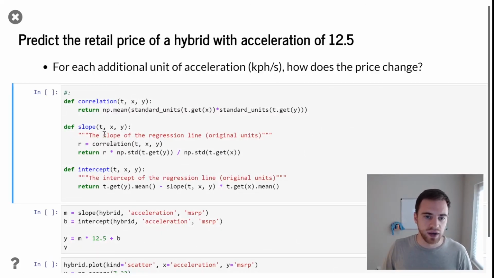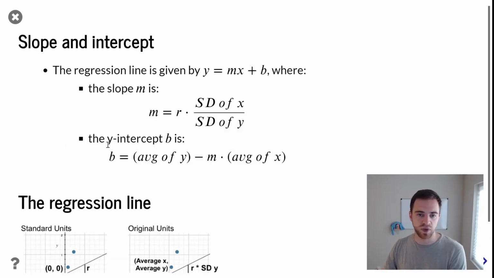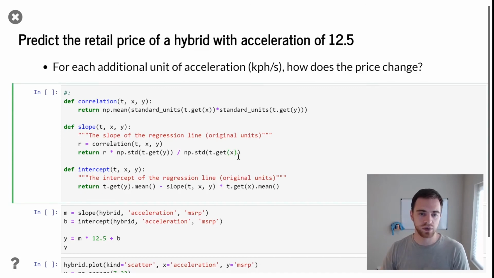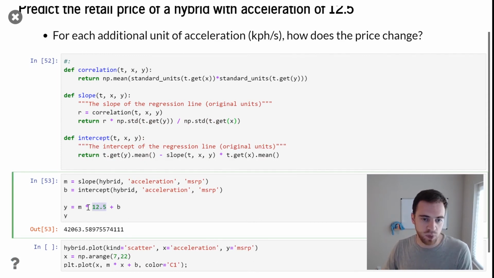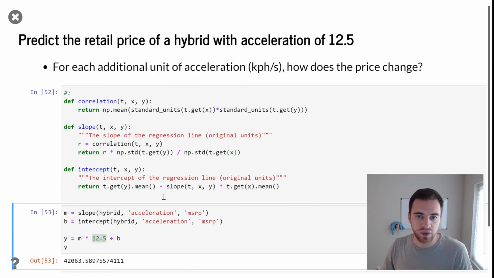I take my table, the x column, the y column, and multiply the correlation coefficient by the standard deviation of y over the standard deviation of x. The intercept, I'm just going to use this formula here. So I find the slope, I find the intercept, and then my prediction is the slope times the input plus the intercept. And my prediction is $42,000, or euros, whatever units I was working in originally.